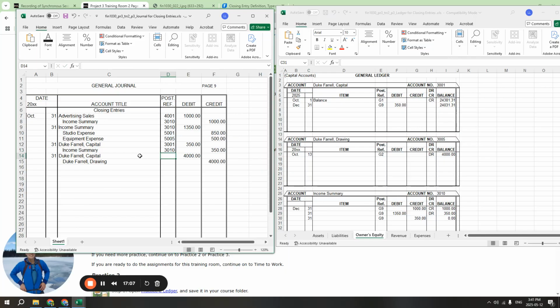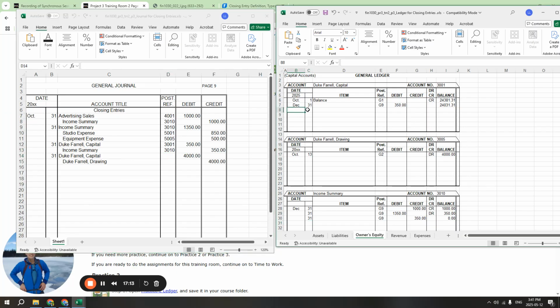All right, a couple more to go. Duke Farrell Capital, debit of $4,000. So Duke took out $4,000 from his business to, I don't know, buy lunch or whatever. So $4,000. Whoops, forgot to do this. And now we're going to subtract another $4,000 from his capital. So now it's $20,031.31.